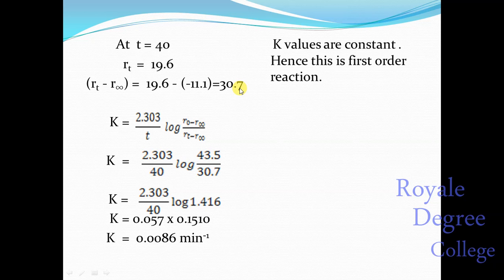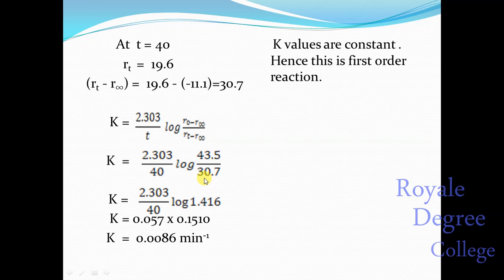So you will get how much? 30.7. Now we are using this formula again. In place of t, we are writing the value of t as 40, then log R naught minus R infinity, that is rotation at 0 minus rotation at infinity. We got this value in the previous case, 43.5, that we are keeping, divided by RT minus R infinity. Just now we got the value as 30.7.